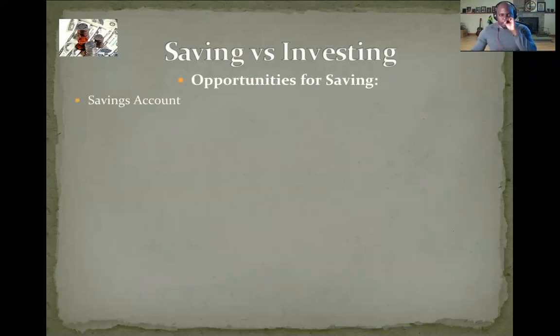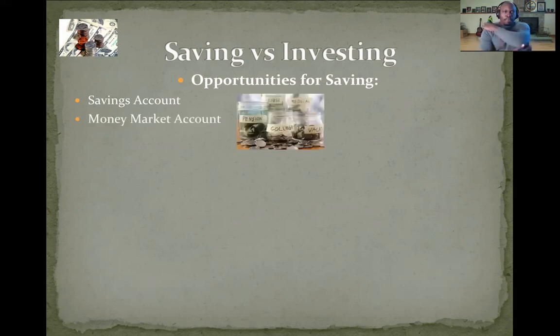Opportunities for saving, right? So obviously everyone knows about a regular savings account, right? You also have your money market account. You also have what's known as a certificate of deposit, or CD. You can also get that at your regular bank, right? And without belaboring the point, the CD is pretty much you're loaning some money to the bank for a particular time period, right?